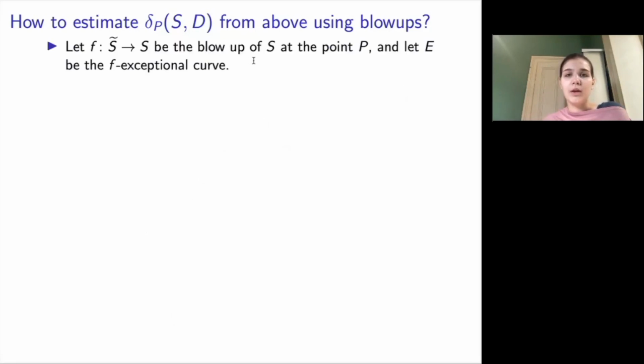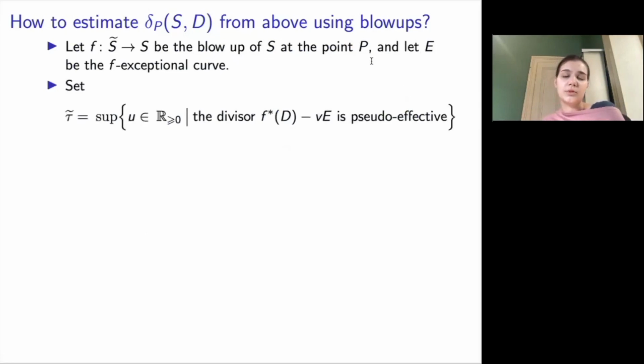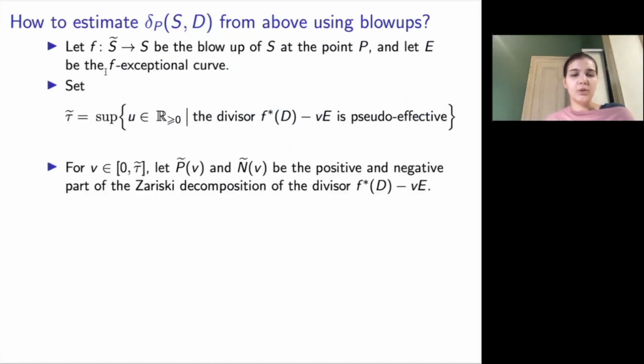So suppose we have a blow-up of this point P, and let E be an exceptional curve for this blow-up. Note that now all the points which map to point P belong to the -1 curve. So there is a chance that we'll get a good enough estimation using this blow-up curve. Similarly as before, we find this pseudo-effective threshold. Then on the interval from 0 to this pseudo-effective threshold, we find the positive and negative parts of the Zariski decomposition of these divisors.